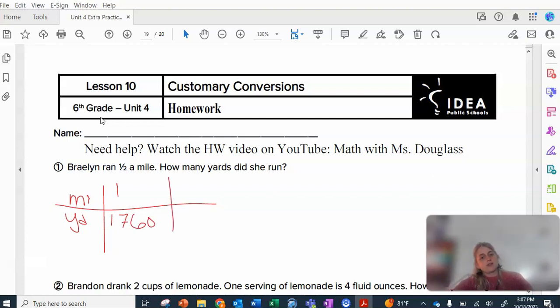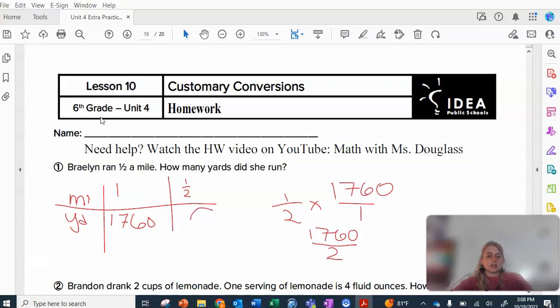If you run half of a mile, half of 1,760 is the same as 1,760 divided into two parts. So tell me what that number is, and I want a complete sentence saying Braylon ran your number of yards.